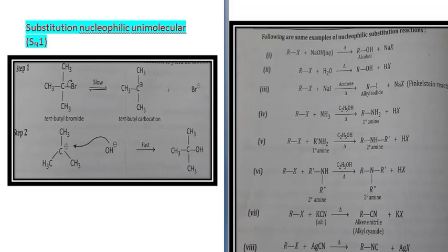It takes place in two steps and is generally shown by tertiary alkyl halides in polar solvents such as water, alcohol, acetic acid, etc. In the first step, the carbon halogen bond breaks heterolytically to form an intermediate carbocation, and in the second step the nucleophile OH minus attacks the cation and it gives an alcohol.